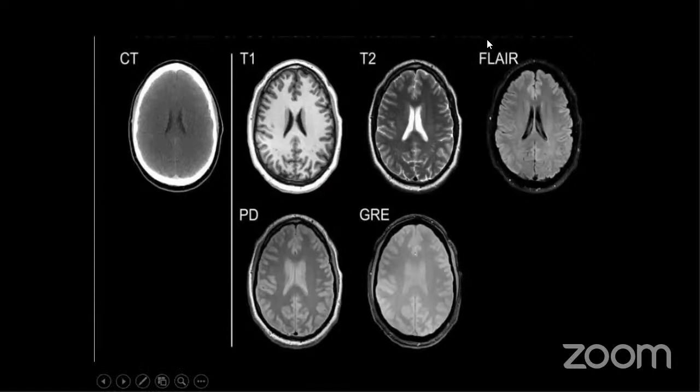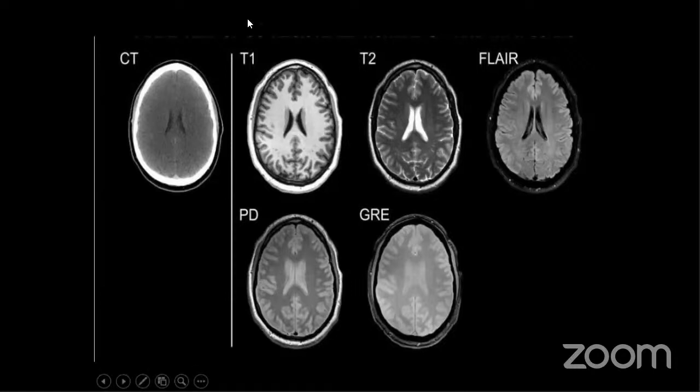So T1 and T2 images, right? What is the concept that we have normally? Water is bright in T2, so CSF is bright in T2 and low in T1. Just keep that concept in your mind. You have bright CSF in T2, dark CSF in T1, right?